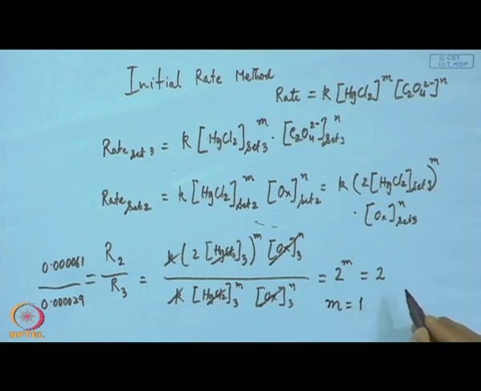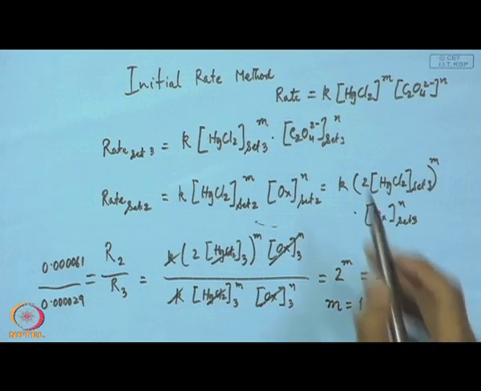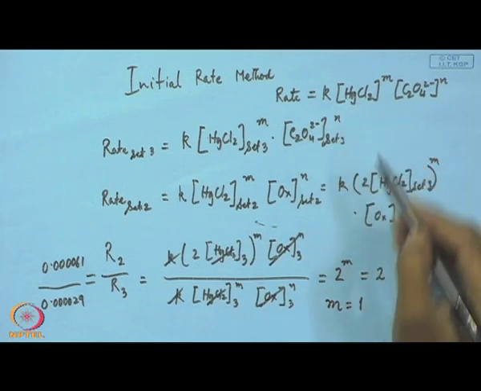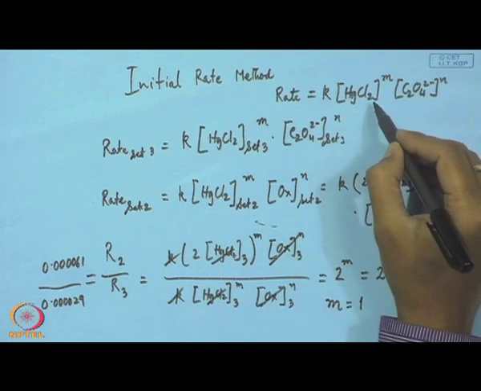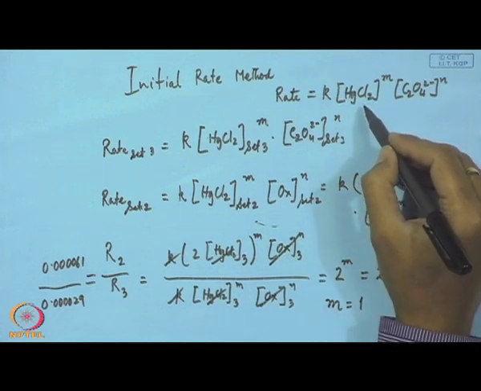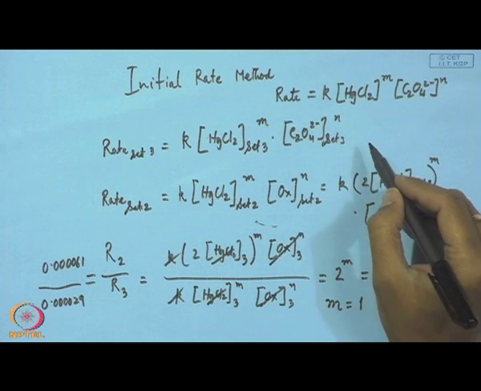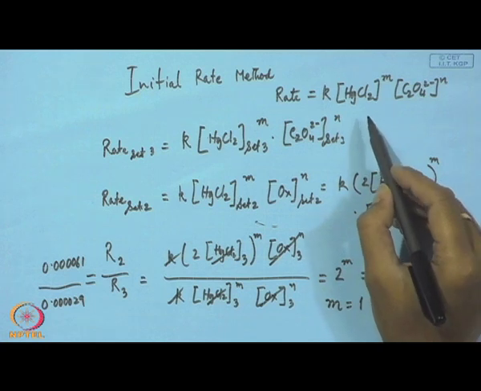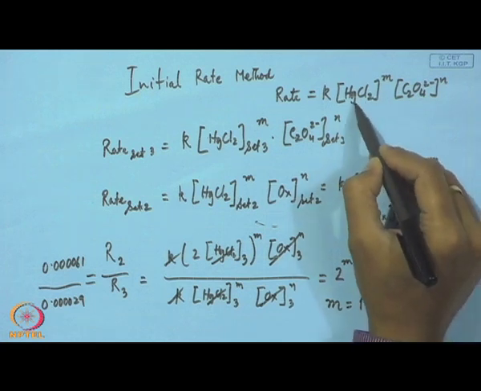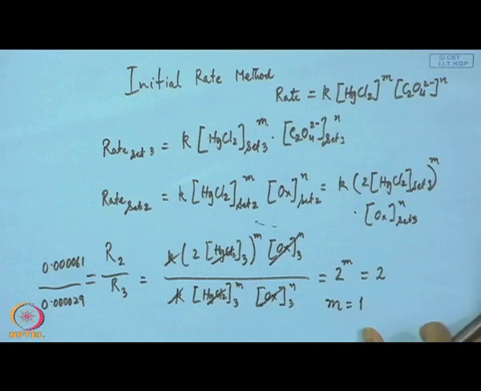So, now we are able to find the value of m, the order with respect to HgCl2. We see that the reaction between HgCl2 and oxalate is first order with respect to HgCl2.